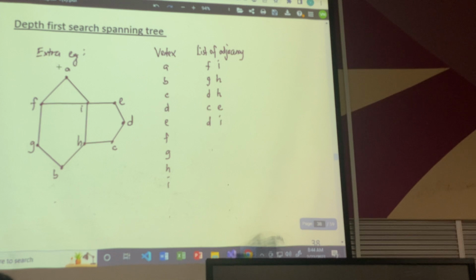So F is connected to A, G, I. G is connected to B and F.